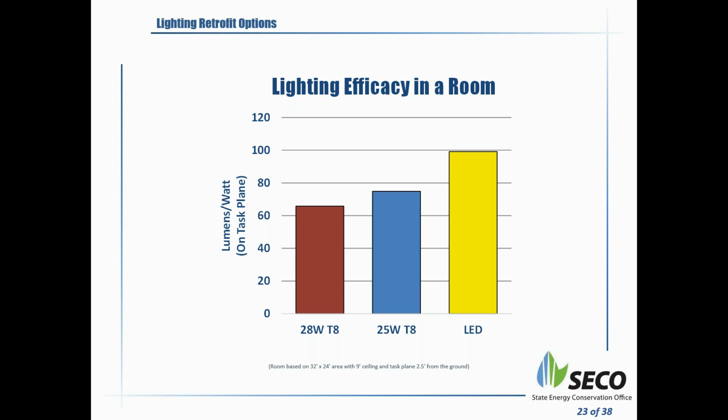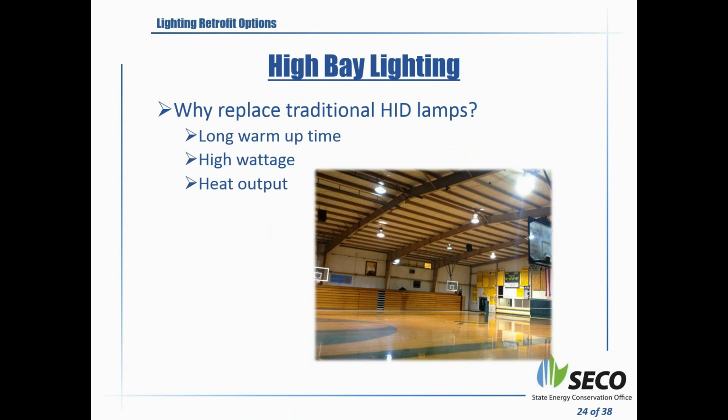You could have fixtures that came out today, and 6 months down the road, there will be a new generation of that fixture with some additional features. Just like your computers, you've got better RAM, different qualities. That's what's happening with the LED fixtures also, because of the induction of software and microprocessors into the lamps.